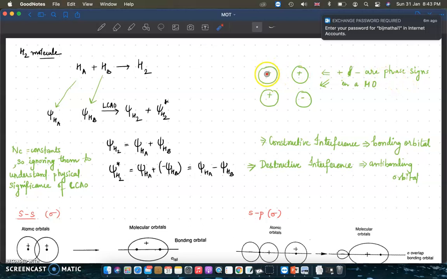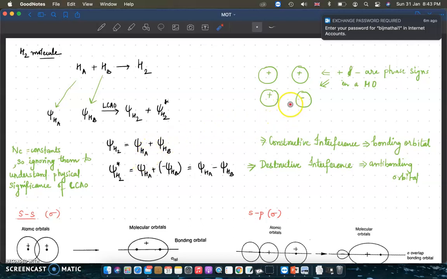It has nothing to do with positive or negative charges, but rather they are mathematical signs on these wave functions. So when you have two 1s orbitals combining, in the case of hydrogen, having the same phase sign, we say that the combining orbitals are in phase. That means we literally linearly combine them. Both of them are positive wave functions, so it is an addition phenomenon that you observe while linearly combining them.